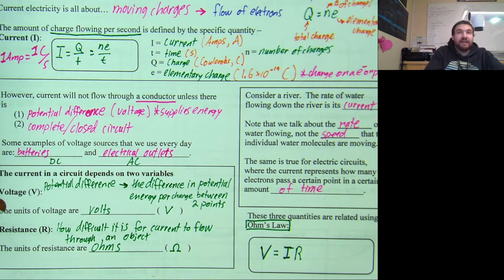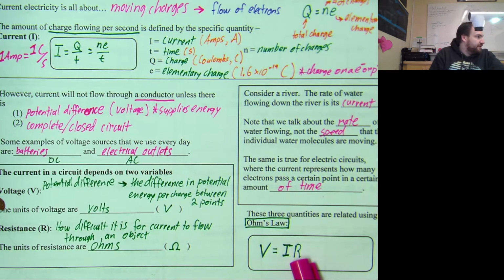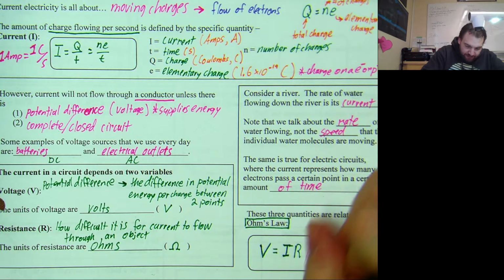And so we get Ohm's law here, that's V equals I times R. The amount of voltage is equal to the current times the resistance. This wasn't how Ohm proposed his law. It's just the easiest way to deal with Ohm's law.